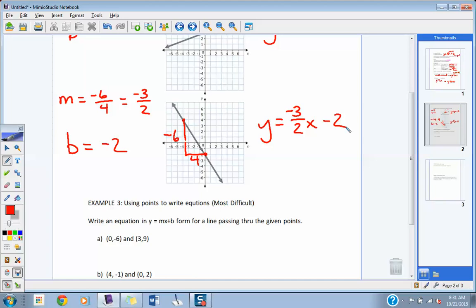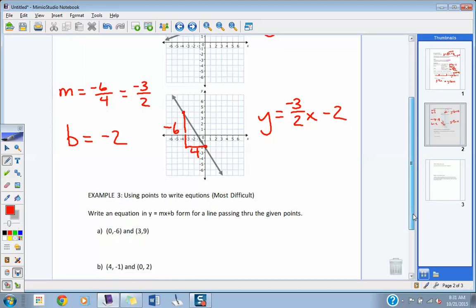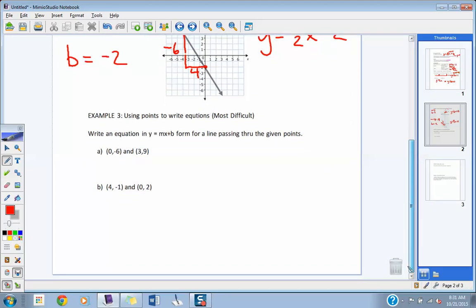Well, then we get into example 3, guys. And all of a sudden, instead of having a slope, do you guys see a slope anywhere here? See a slope? I don't. Guys, I want to do something real quickly.